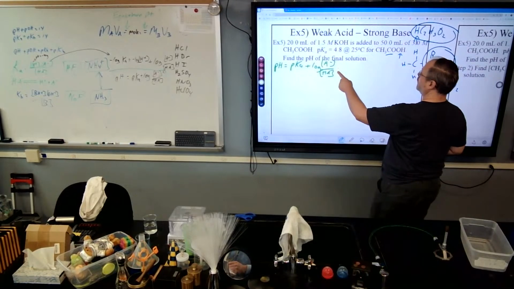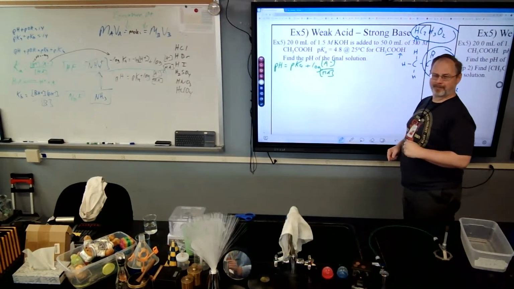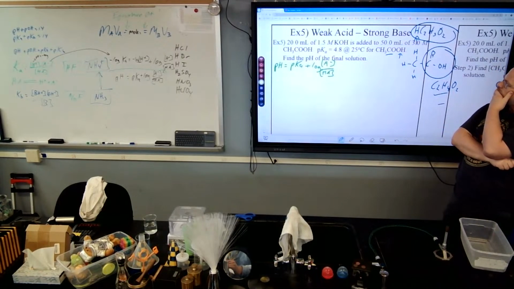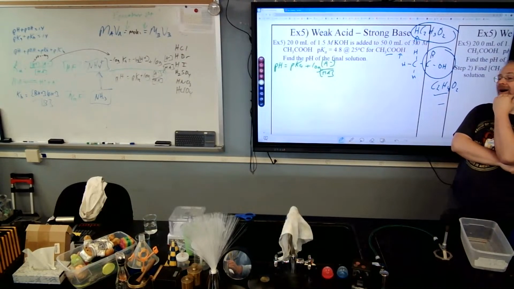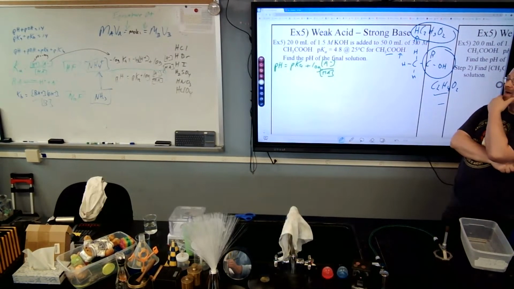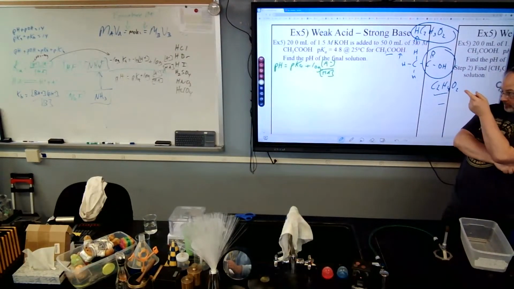pH is what I'm looking for. pKa I have. Now I need to get these guys. How am I going to do that? We have the volume and the molarity, so you can solve for the moles, right? That's exactly right.